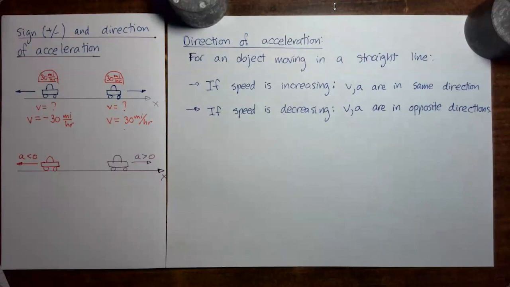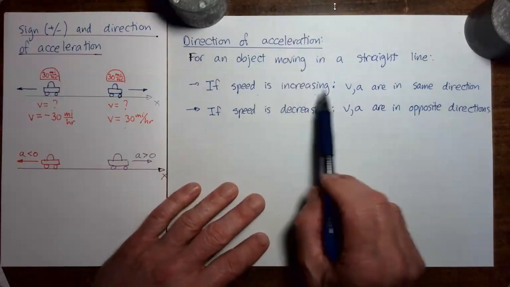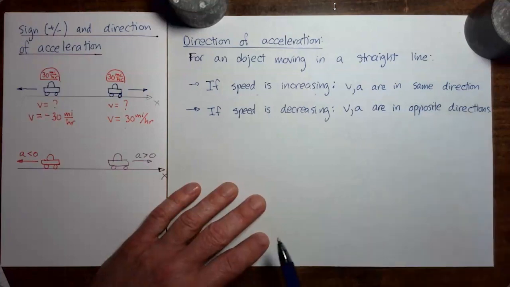Okay, so here is how we determine the direction of acceleration for an object moving in a straight line. If the speed of the object is increasing, then the velocity and acceleration of the object are in the same direction.